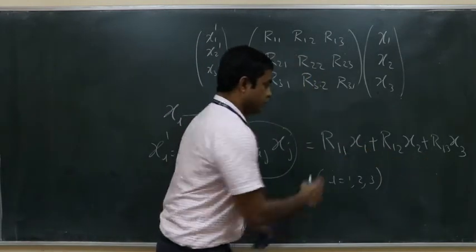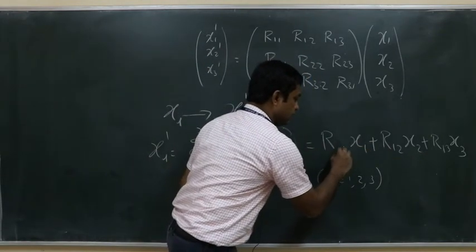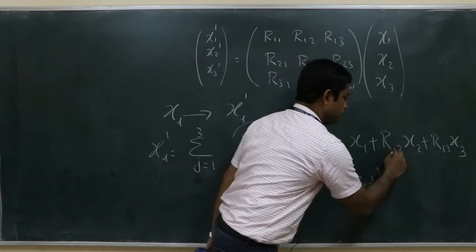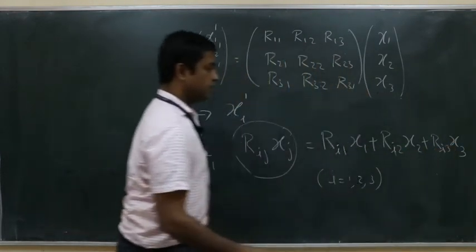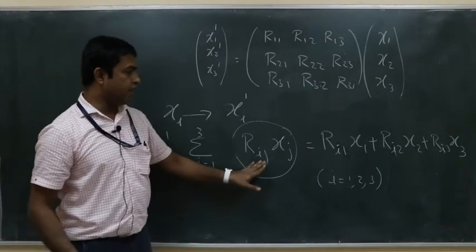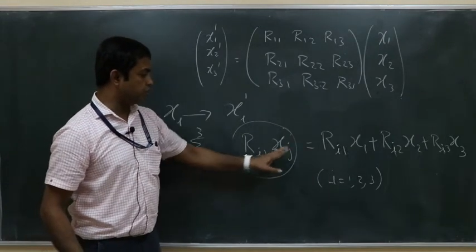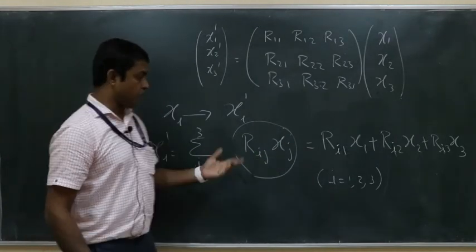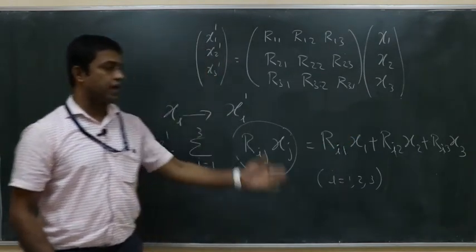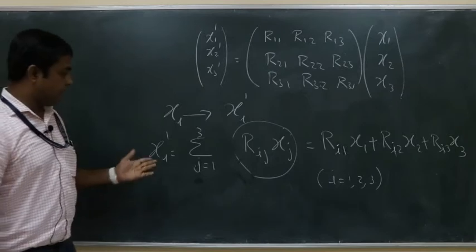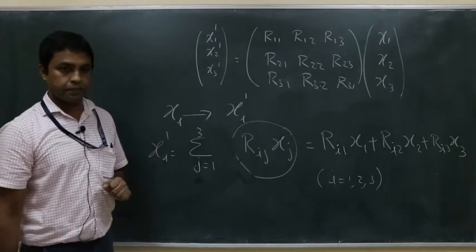It's not there, it should be I. Okay, so Ri1 x1 plus Ri2 x2 plus Ri3 x3. If I put I equal to 1, I get R11 x1 plus R12 x2 plus R13 x3. And I equal to 2, I get the next thing.